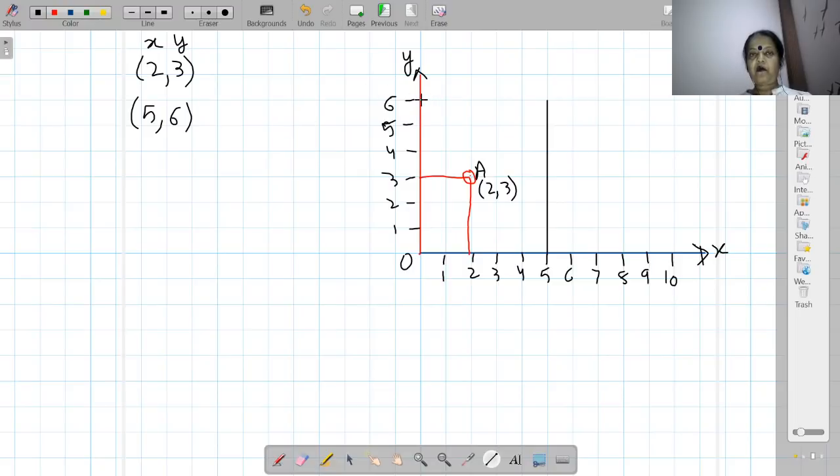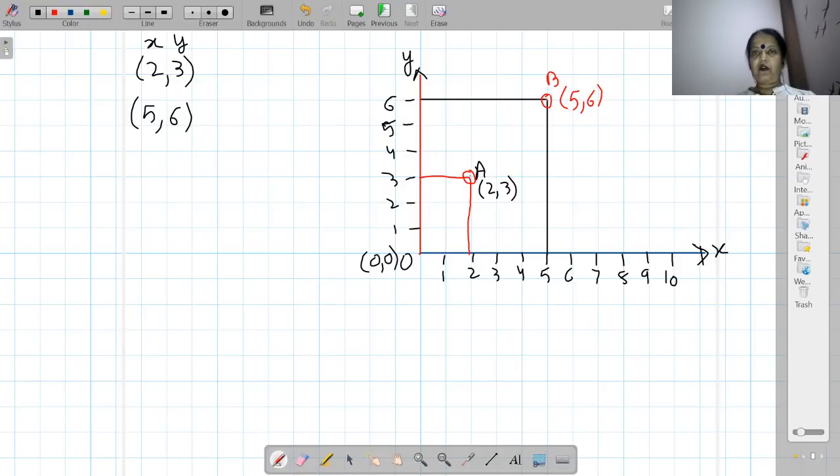So from 6 we will move towards x-axis. So this is the point of intersection. ये आपका point of intersection आ जाएगा, this one, and take it as B and don't forget to write it 5 and 6. The coordinates of origin is always 0 and 0.